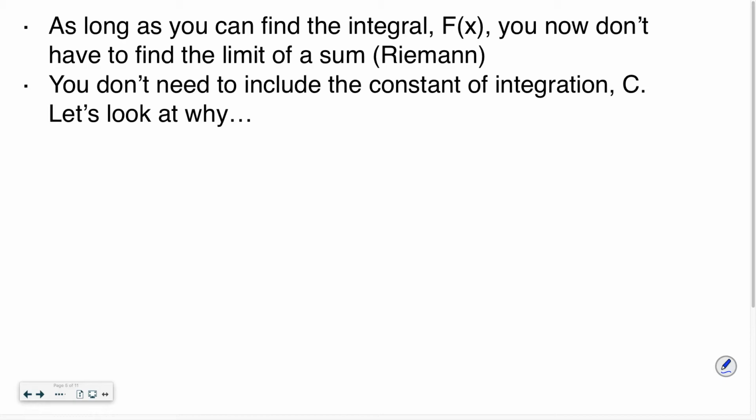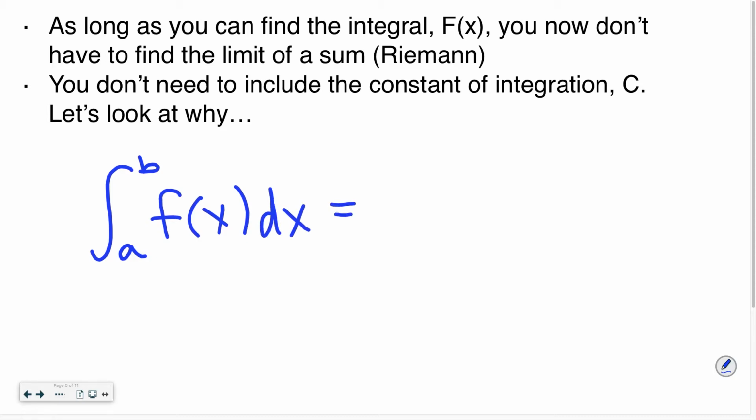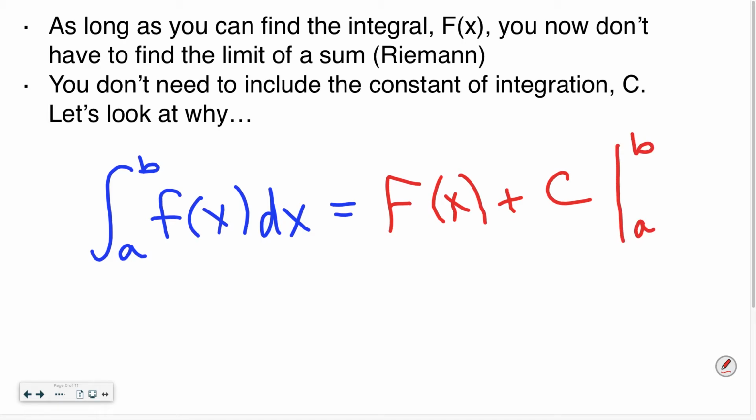Now, let's talk about why we don't need that plus C. Let's just say that we have the integral, and this is something you can still just watch me do. If we have the integral from a to b of f of x dx, then we know that its antiderivative is capital F plus c. And then we would have to evaluate it from a to b.